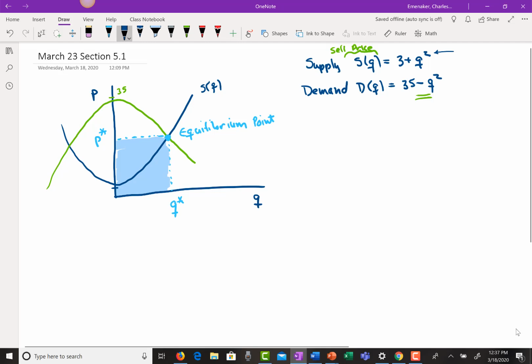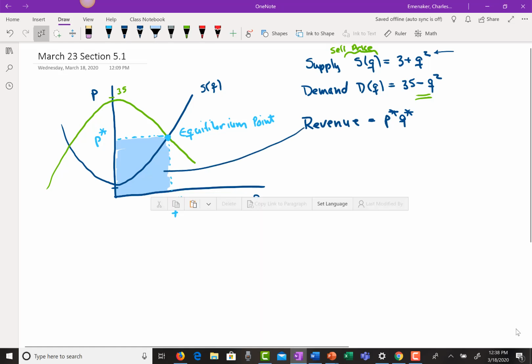So the revenue is equal to P star times Q star, and geometrically it is represented by this blue box. That's going to come into play in a variety of places for us, so we'll keep that in mind.